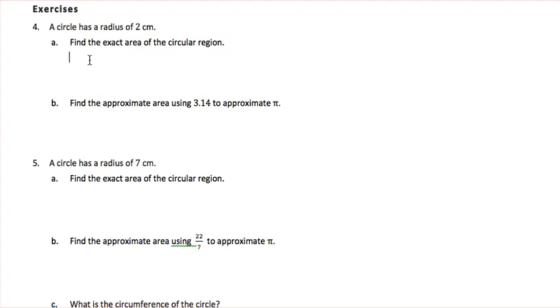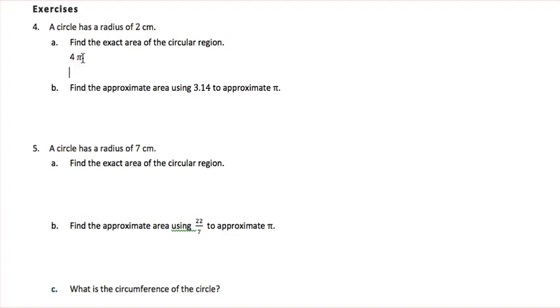So if we square our radius, we get 4 times pi. And since any other use of pi, 22/7 or 3.14, would be an approximation of its value, the exact area is shown as 4 times pi, and we leave it like that.